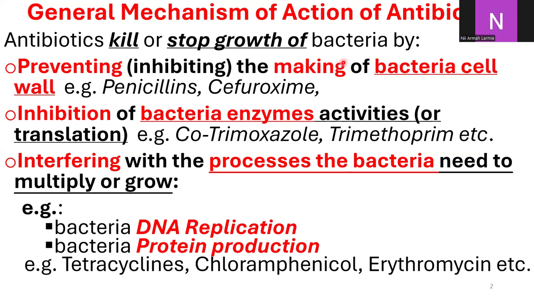Now, to synthesize this new cell wall for any breakage, for any replication or reproduction activity, bacteria goes through a process. And some class of antibiotics works by preventing or inhibiting the making of the bacterial cell wall. Examples of such include the penicillins, the cephalosporins, the monobactams, the glycopeptides, etc.